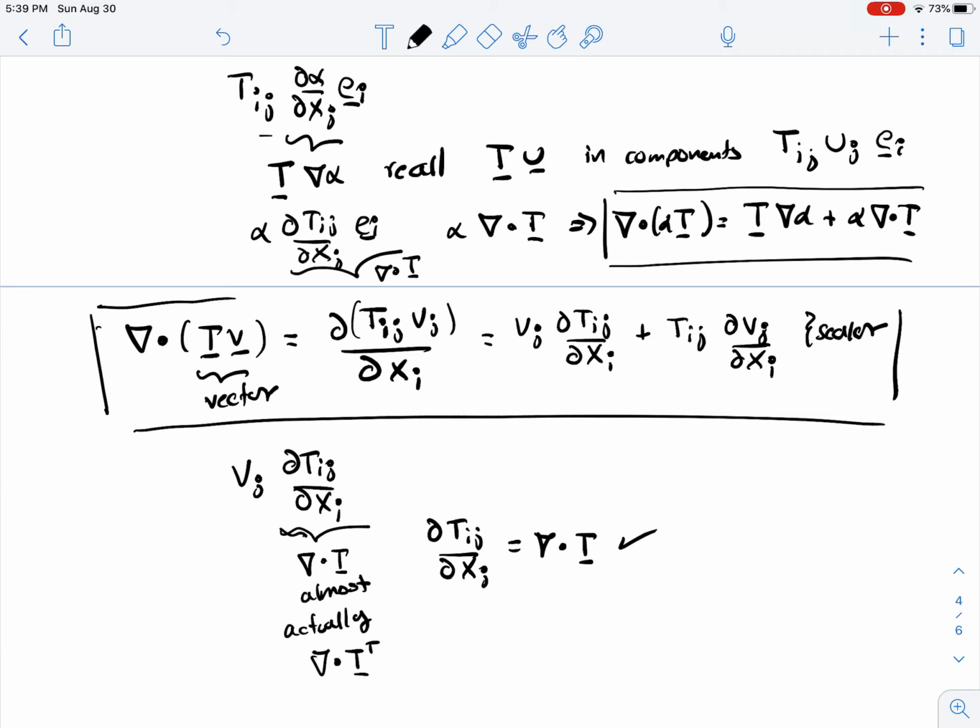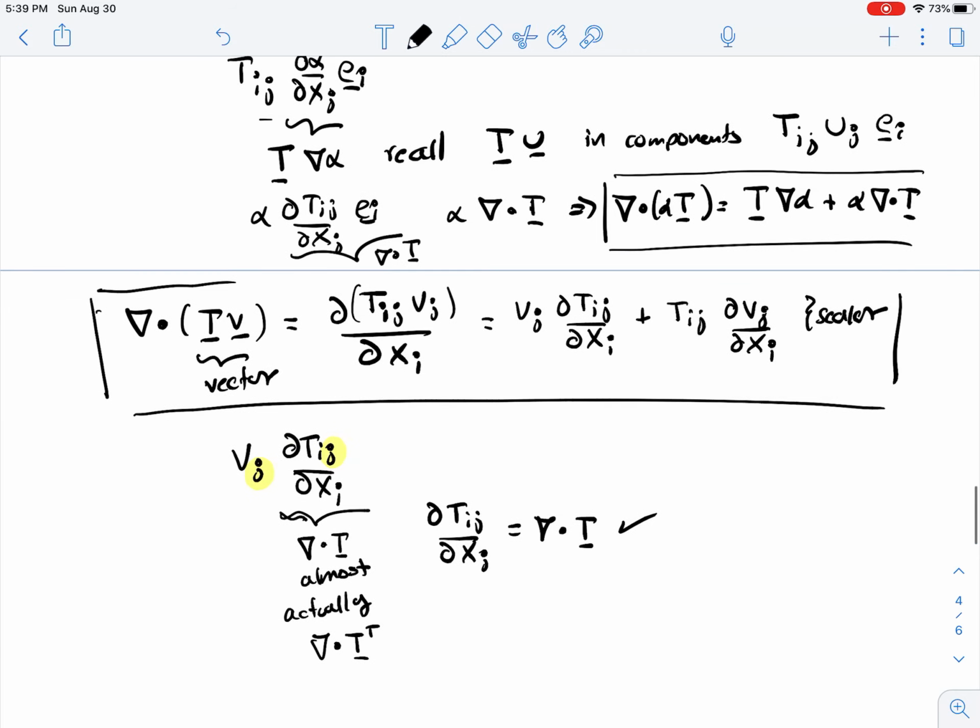And then once I have the divergence of the transpose of T, the indices that I have left are these j's and j's, and you should think of that as a dot product. So this j makes me think of a dot product between V and the divergence of T transpose.